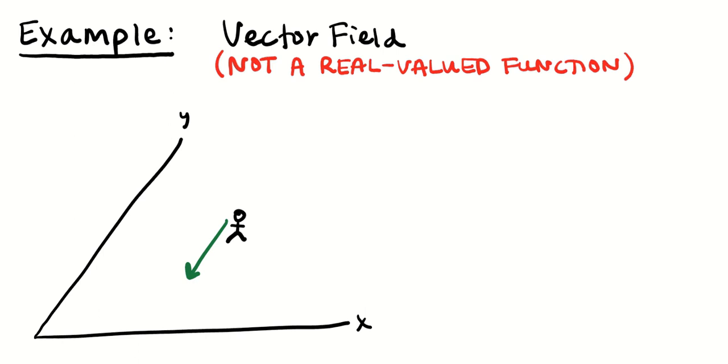That's going to be something that takes in an x and a y and gives you back a two-dimensional vector. We can just assume the wind is not blowing down or up and it's just blowing parallel to the surface of the earth. That's going to be a vector field. Because the function gives you back a vector, that's not going to be a real valued function. That's not something we're studying right now, but it is something we will study later on in this course.